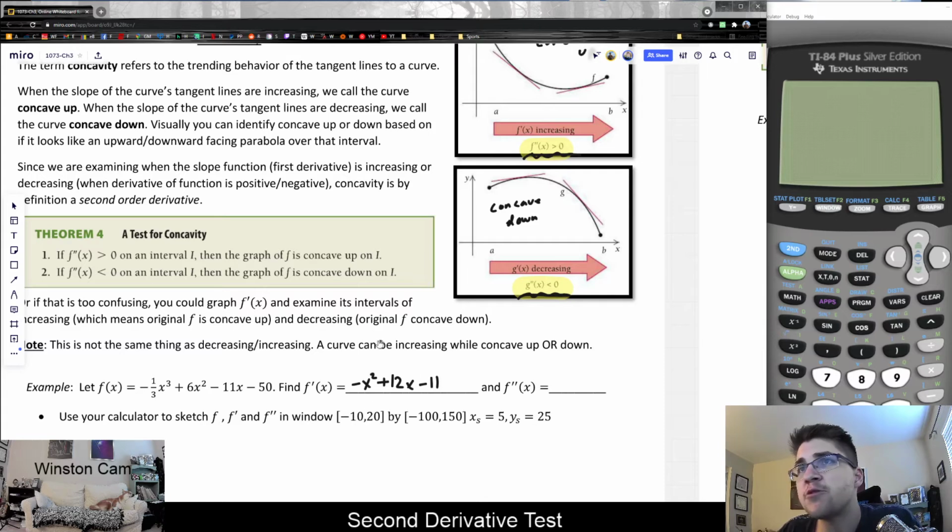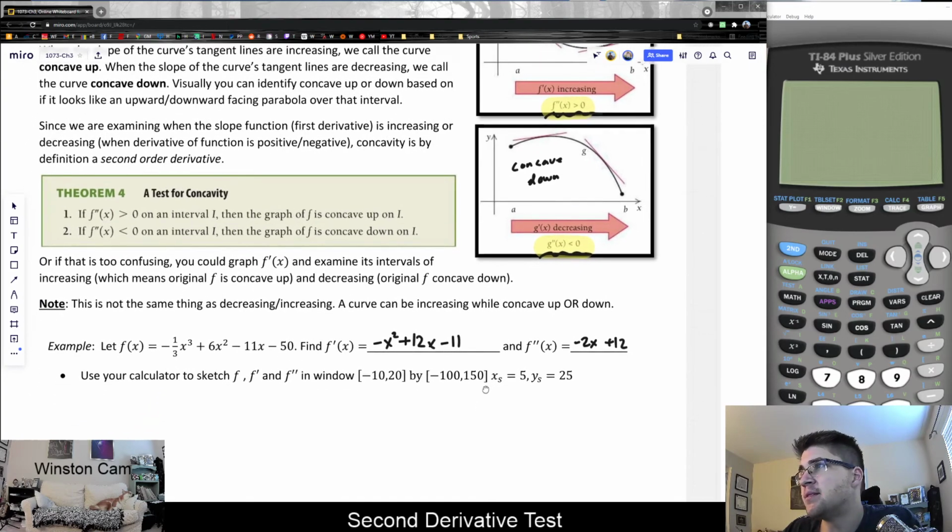So our first derivative goes from degree 3 down to degree 2. And our second derivative should always lower by degree once again. So derivative of negative x squared would be negative 2x, and derivative of 12x would just be 12. And the derivative of 11 would be 0.